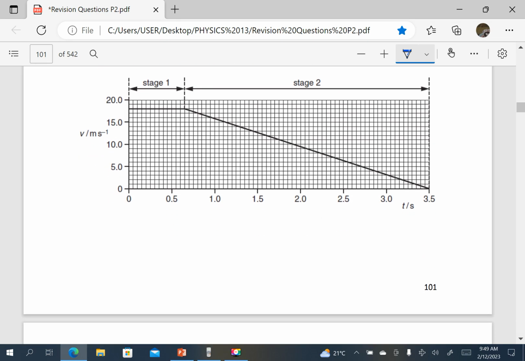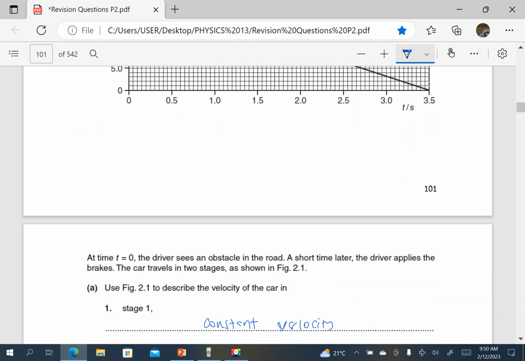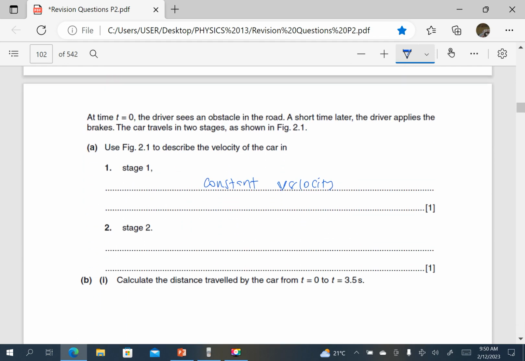So it is a constant rate of decrease in velocity or uniform decrease in velocity, which you can call a uniform deceleration. Constant rate of decrease in velocity.